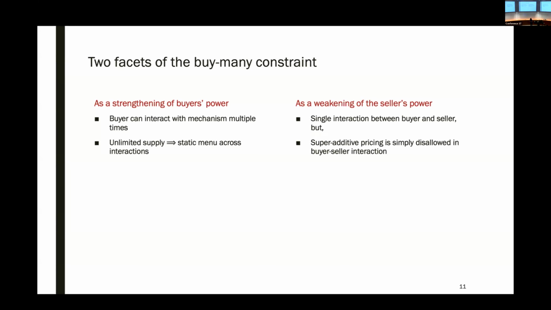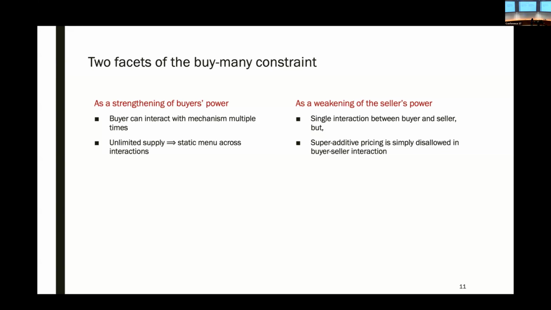So the seller is now constrained to offering these sub-additive pricings, and so the space of menus the seller can optimize over is small. It turns out that in a single buyer context, where we're thinking of unlimited supply, there are no supply constraints on the seller's end.